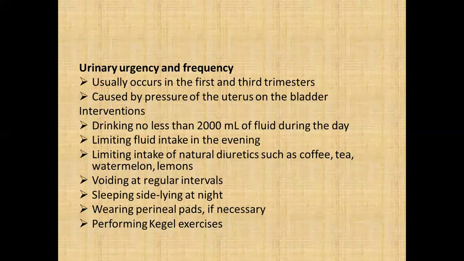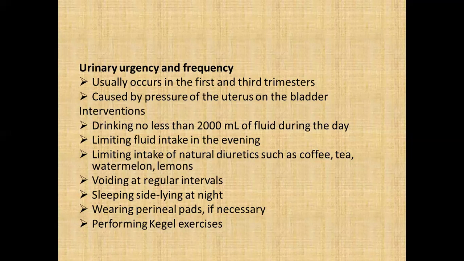Then voiding at regular intervals. One of the things we encourage is that they void at regular intervals, at least every two hours. They will need to train their bladder so that every 2 hours they empty the bladder. Okay. And then sleeping side-lying at night.